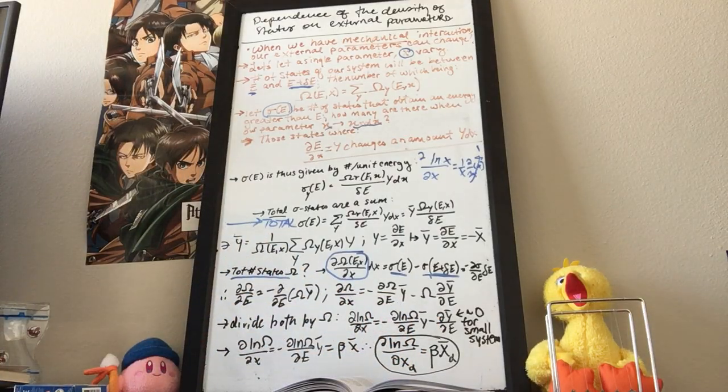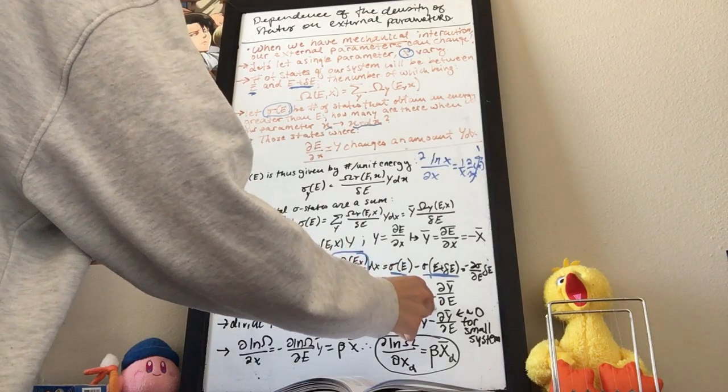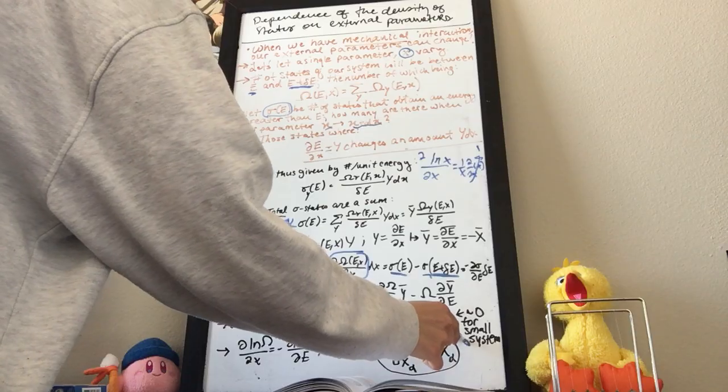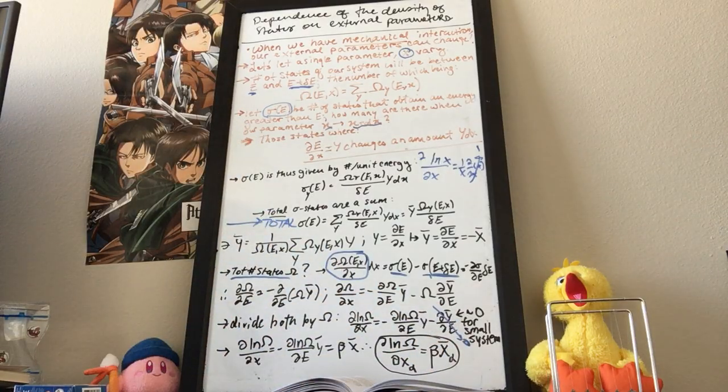Now Reif makes the caveat that we can simplify this particular system by saying that our system is relatively small. So this term ends up basically just going to 0. It's too small to worry about. It won't really cause any sort of major change in our system as a whole.